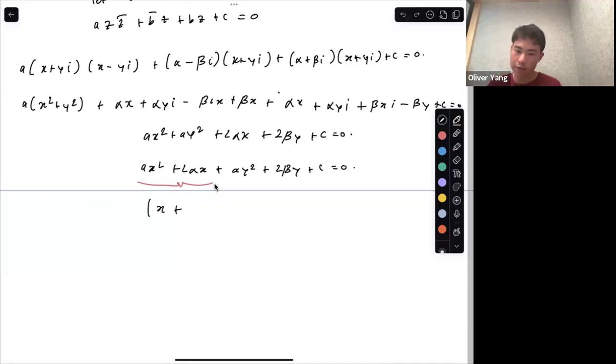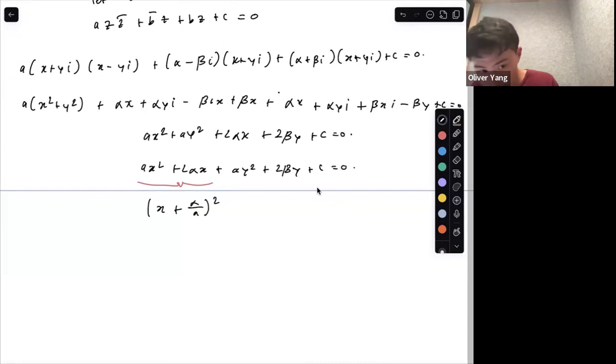We can get the a out first and then put it back in. It doesn't matter, mix and match, literally. Because I divide by a through everything, I should say that.